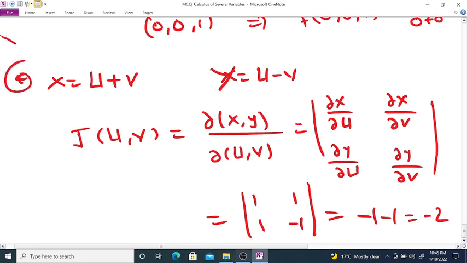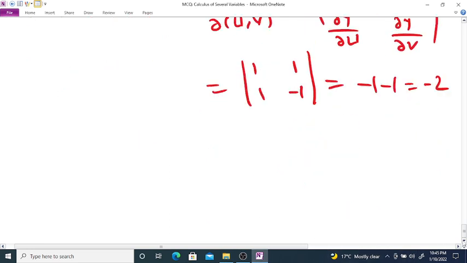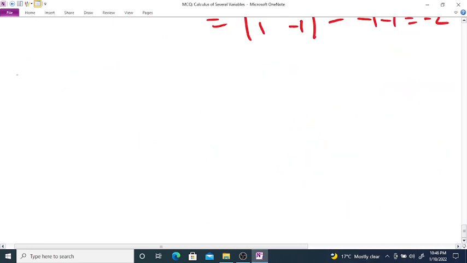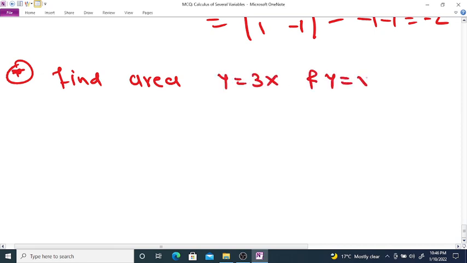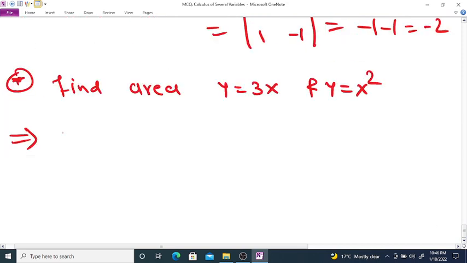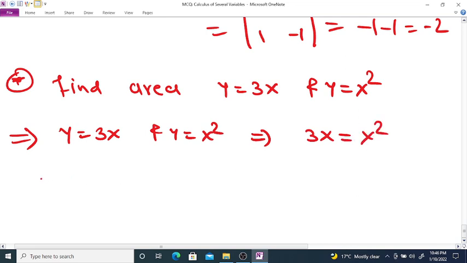Okay, now next example, find the area of the region bounded by y equal to 3x and y equal to x square. We want to determine the area of the closed region bounded by y equal to 3x and y equal to x square. Setting them equal, 3x is equal to x square, so x square minus 3x is equal to 0.